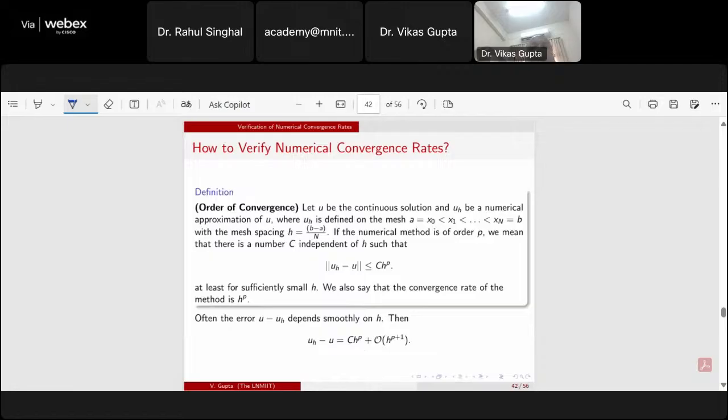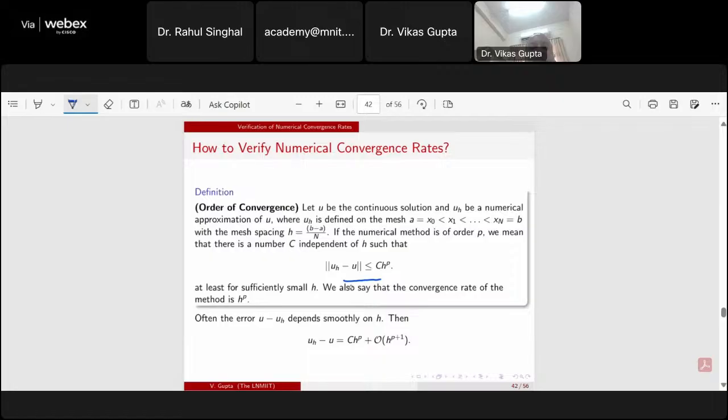Now we know that if u is the continuous solution and uh is the numerical approximation of u, where uh is defined on the mesh with mesh spacing h equal to (b minus a) upon n, then a numerical method is said to be of order p if it satisfies this equation in some norm: ||uh minus u|| is less than or equal to c h to the power p, where c is independent of mesh width h. So we say that the convergence rate of the method is h to the power p.